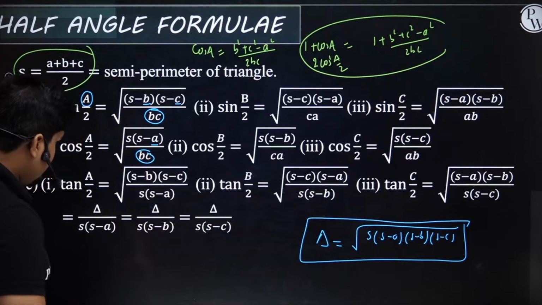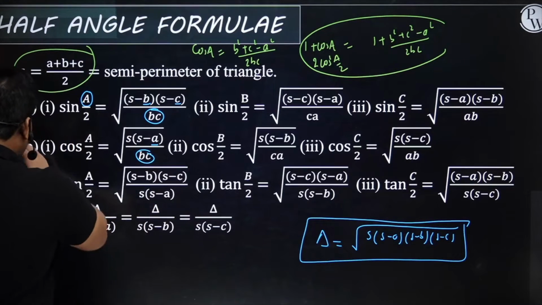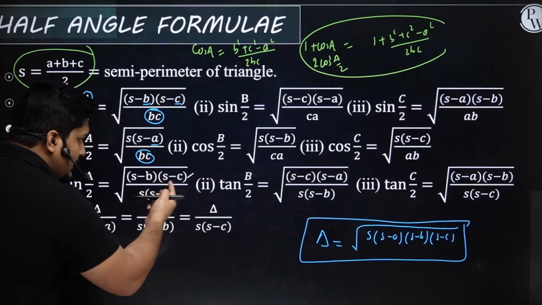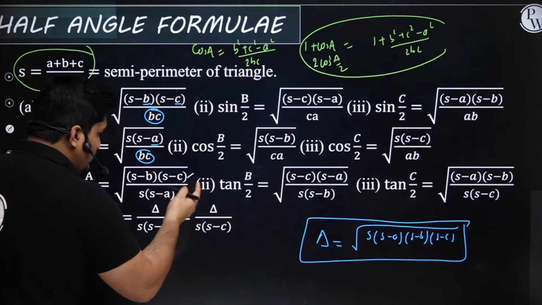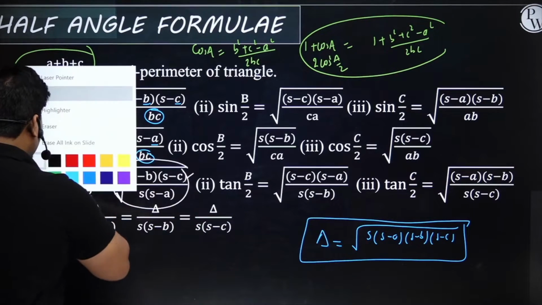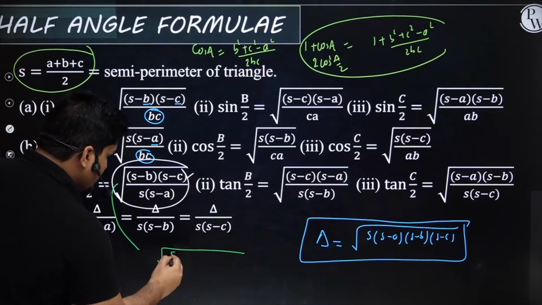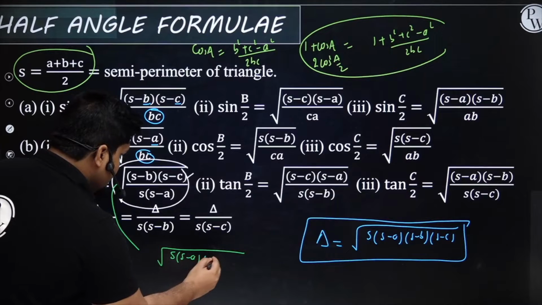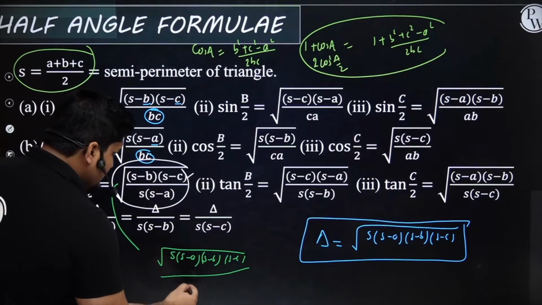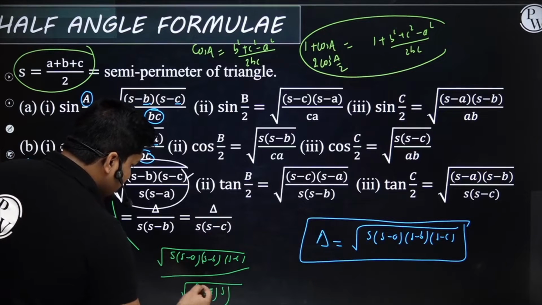See how it is. So tan A by 2 is the square root of (s minus b)(s minus c) divided by s(s minus a). In this result, guys, if you multiply by the square root of s(s minus a)(s minus b)(s minus c) in numerator and denominator, the denominator will be the square root of (s minus a) into s, which becomes a whole square.